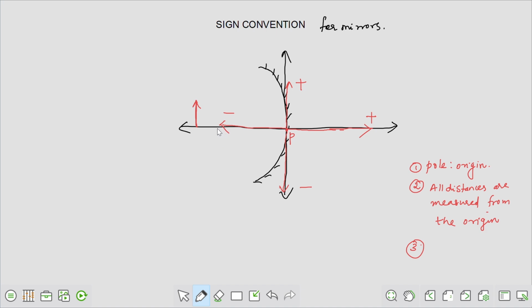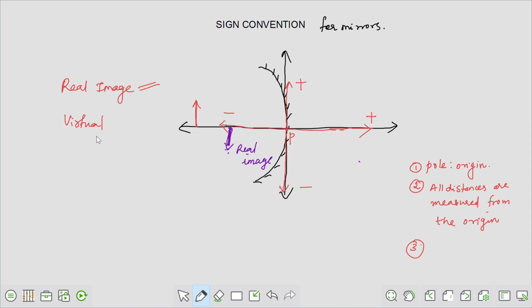Now for a concave mirror, we have two types of images. We have a real image and we have a virtual image. If the image formed is real, which side of the mirror are we getting the real image? Very good. We get it on the left side, below the axis. This is a real image. We always get the real image in front of the reflecting surface, and it is always below the principal axis.